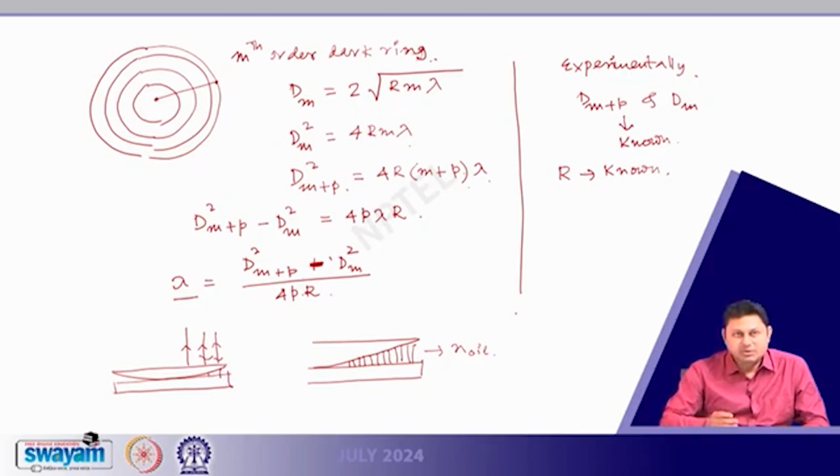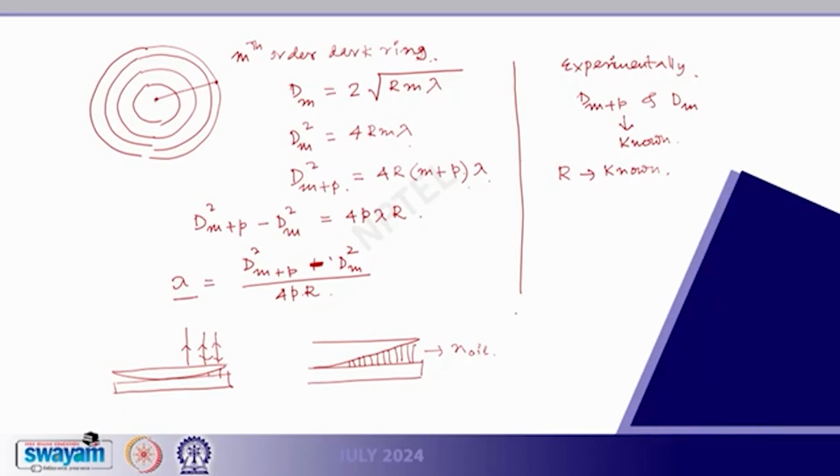If I increase the order, how will the width change? I would also like to show the technique through which, if an unknown liquid or any unknown substance is placed here in between this wedge like structure, somebody can calculate the refractive index of it, exploiting this very interesting Newton's ring system.